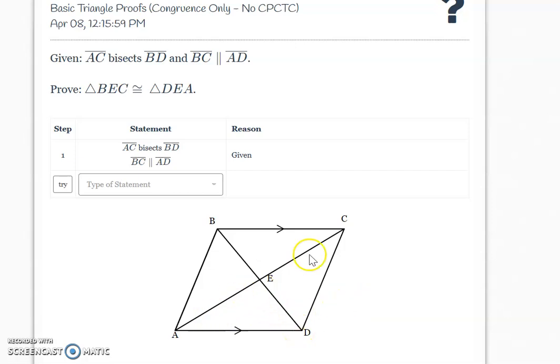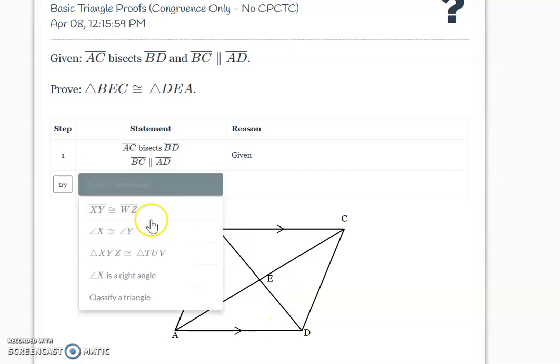All right, well, if this piece cuts this in half, then I know that this piece right here, BE, is going to be the same length as this one right here. So we know that information, and then we know that this side and this side are parallel. All right, so those are cut in half, and then those are parallel. All right, so first thing I'm going to start with is I know that this piece right here is equal in length to this piece.